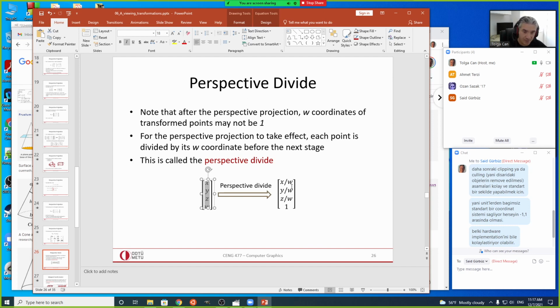So every point is divided by its W coordinate, and our 3-dimensional coordinates now appear on the image. This will be its projected X coordinate on the image window. This will be its projected Y coordinate on the image window. And this will be its depth, which changes between -1 and 1 right now.